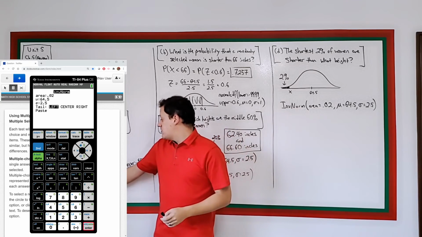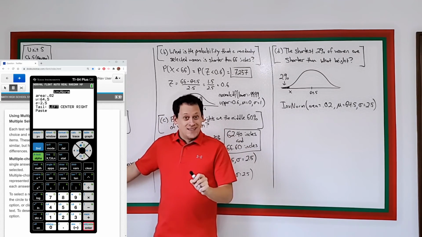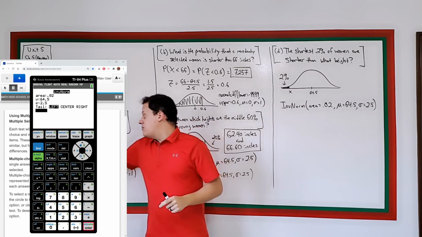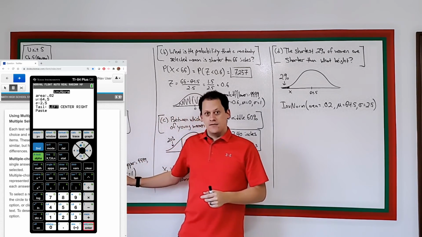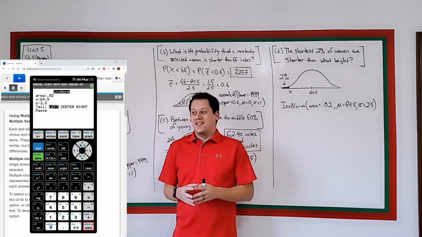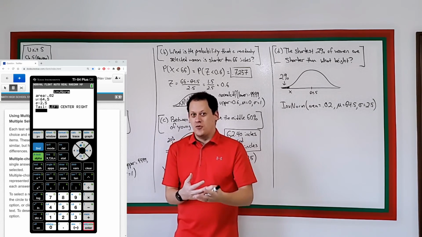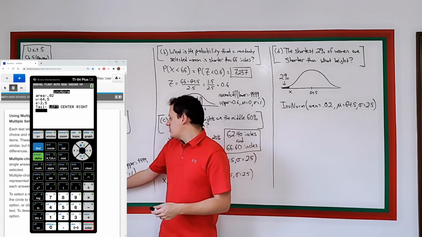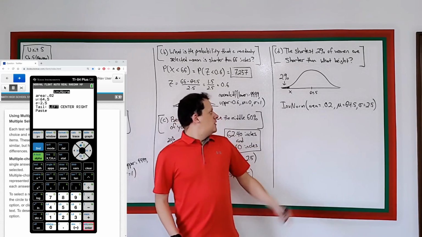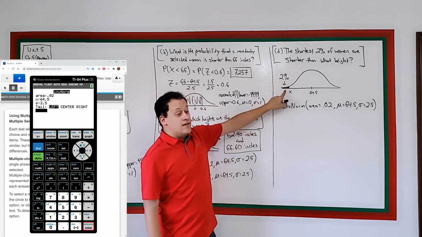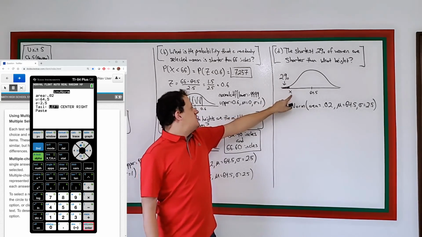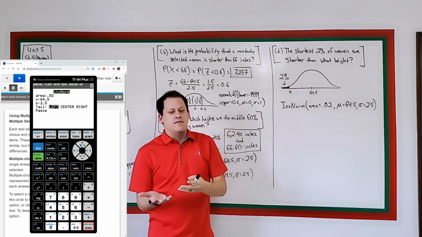Remember, normal CDF is for when you want the area and you have this value. Maybe you've calculated a z-score already and you want the area. That's normal CDF. It essentially does integration for you, if you know what that is from calculus.